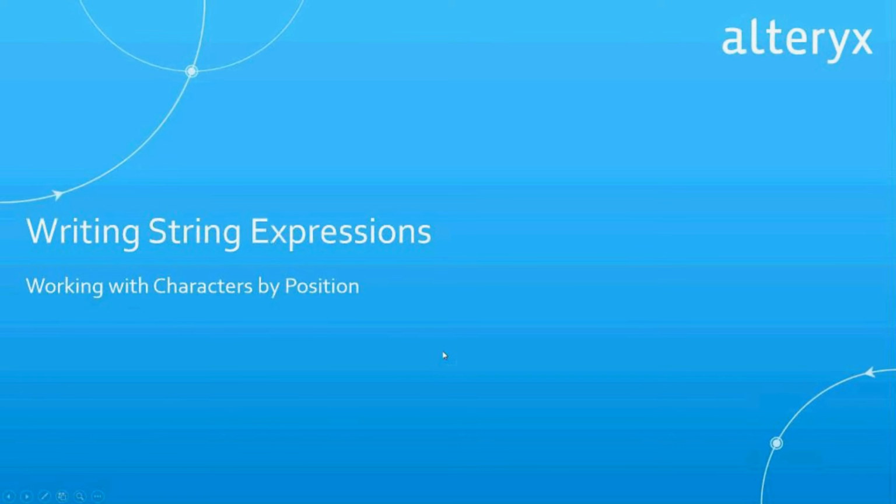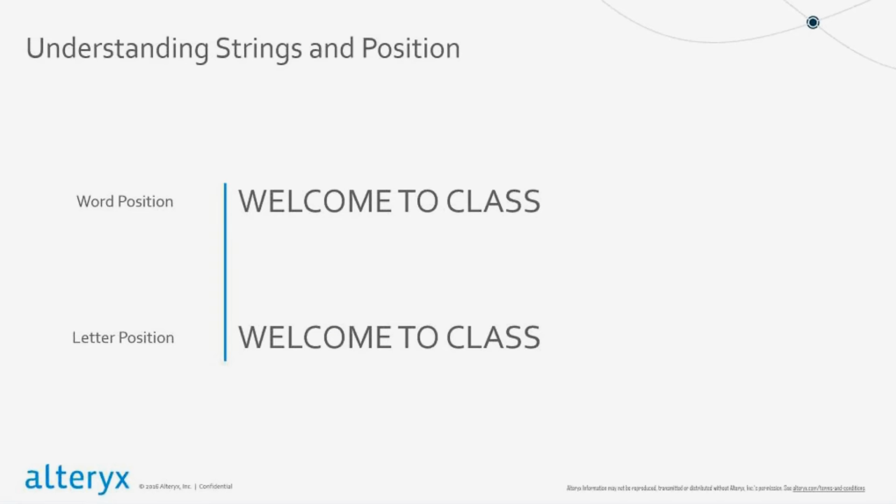So first off, we'll talk about working with characters by position. Here we're talking about both word position and letter position. If we talk about words, one of the things that's a little bit hard for us to get our brains around is the fact that when we talk about position, position always starts with the number 0 in this context. So the 0 position is this first word.